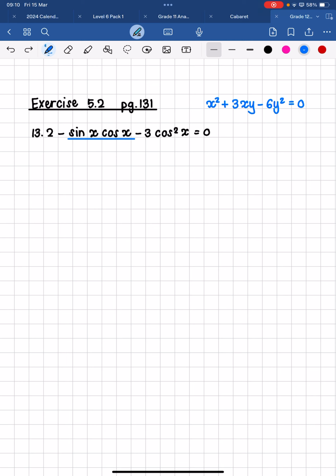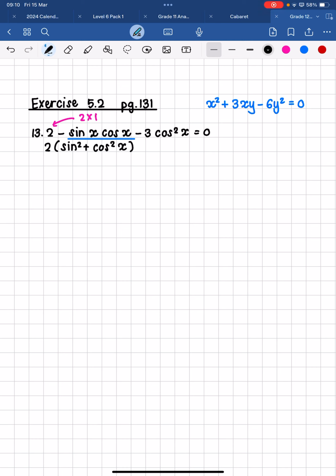Now, guys, the trick to this one is that you need to recognize that 2 is the same as 2 times 1. Right? And 1 can be replaced by sine squared x plus cos squared x.